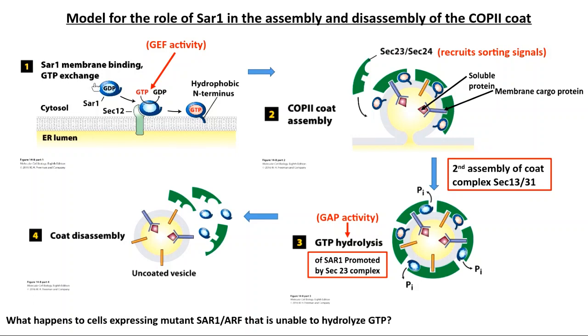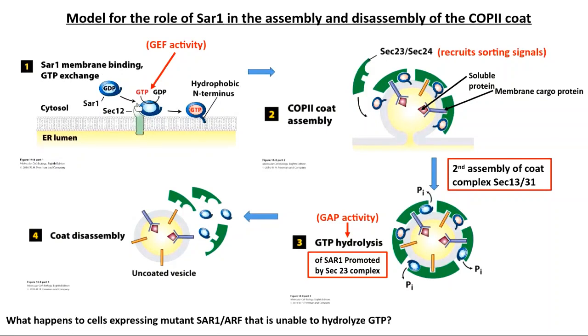There is a membrane-bound protein. There is an ER integral membrane protein called Sec12 that is already there in the ER membrane. This recruits these SAR1-GDPs. And as soon as these SAR1-GDPs bind to the Sec12, Sec12 does a GEF activity.